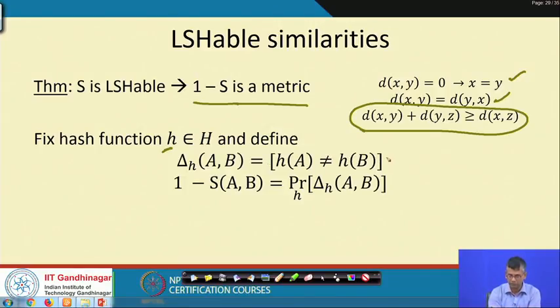It is easy to see that 1 minus s(A,B) is the probability of delta_h(A,B), by definition. We are assuming that s is LSHable, and that is what we go with. So s is LSHable and therefore, this is true. Let us proceed.